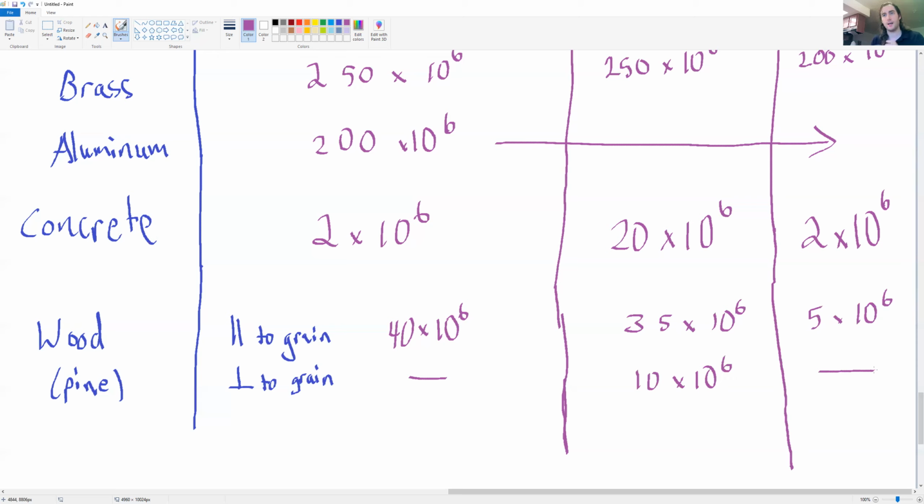Again, I'm not sure why that is. It could be because it's difficult to even get shear stresses that are perpendicular to the grain. But there it is. That's just kind of an overview of the strength of materials.